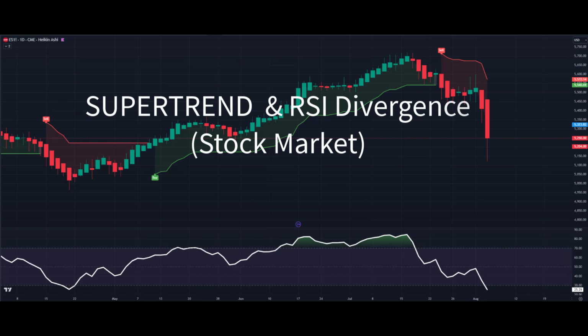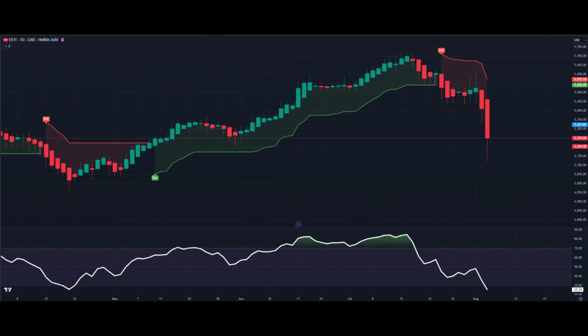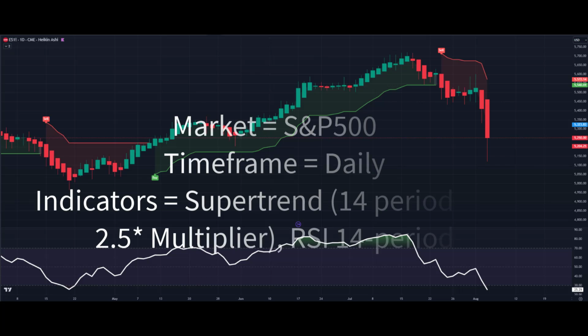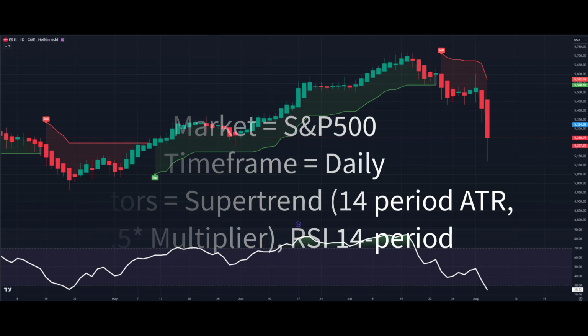So secondly, we've got a longer term one on the stock market. This is actually on the S&P 500 using the ES1 ticker. It's the Supertrend plus RSI divergence. Time frame daily, Supertrend is set to 14 period ATR, 2.5 multiplier, and standard relative strength index RSI settings, 14 period.